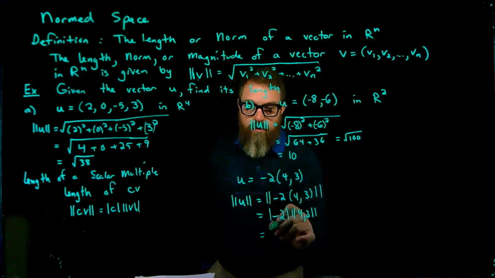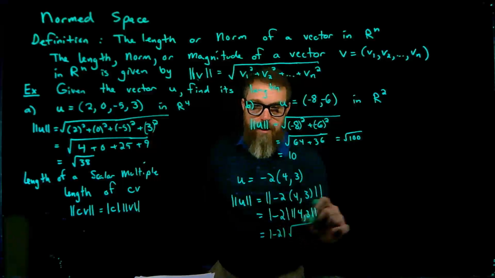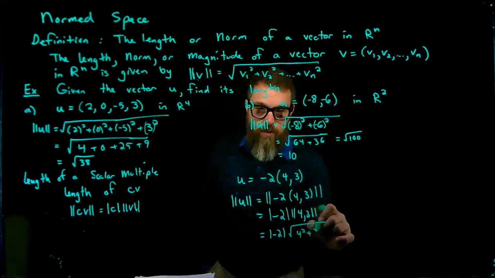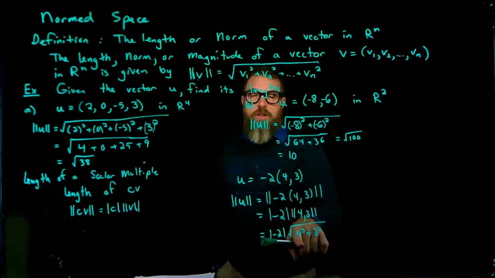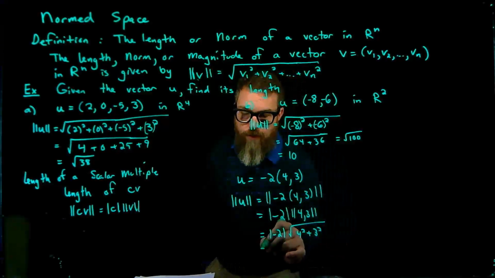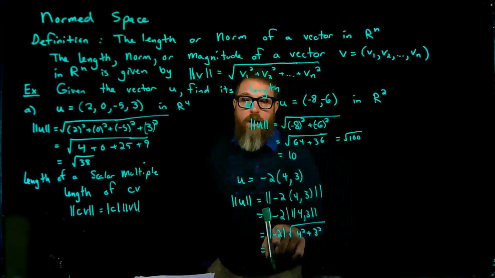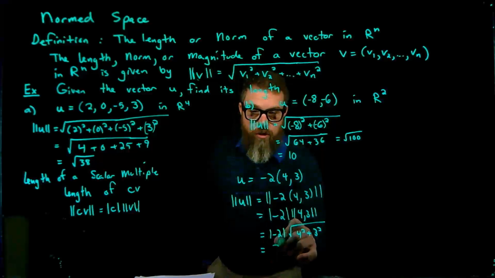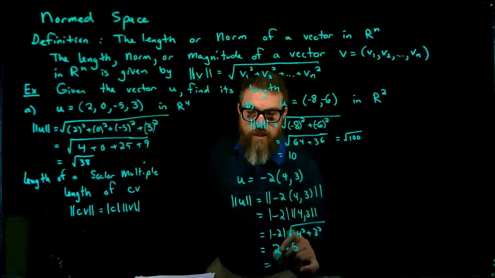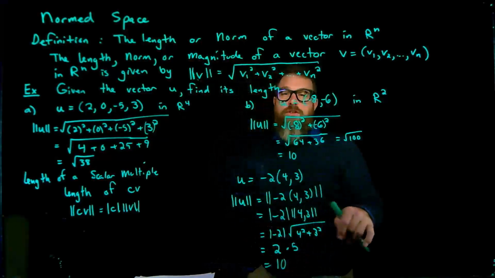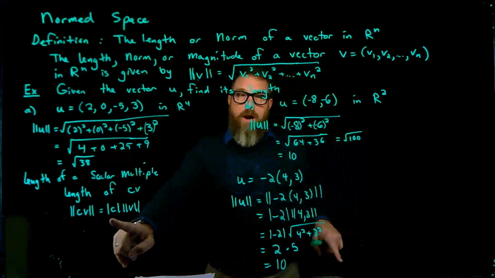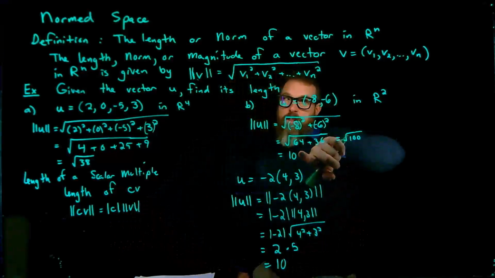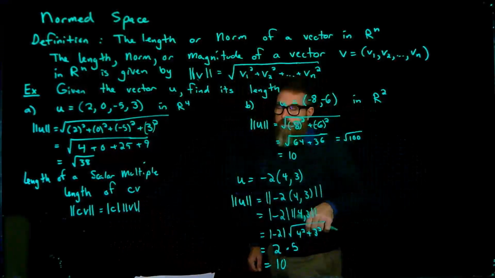So this is going to be equal to the absolute value of negative 2 times the square root of 4 squared plus 3 squared. So this would be 16 plus 9, the square root of 25. So the absolute value of negative 2 is 2. Square root of 25 is 5, which still gives us a length of 10. Really just verifying that this property works, because it's the same length as just doing it to the original components.